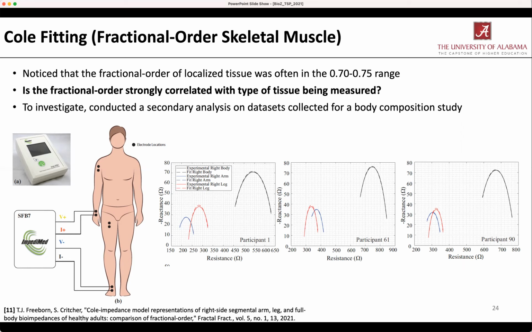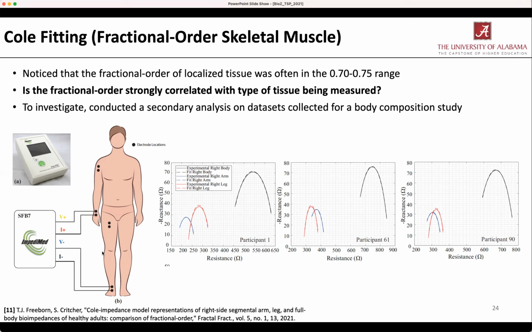So that's what we dove in, and we were able to do a secondary analysis on a data set collected from a body composition study from work by Michael Esco in our kinesiology department here at UA. This study collected impedance measurements of the right arm segment, the right leg, and then from the right hand to foot, calling that a full body measurement.